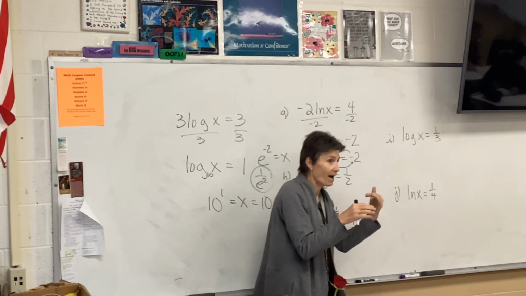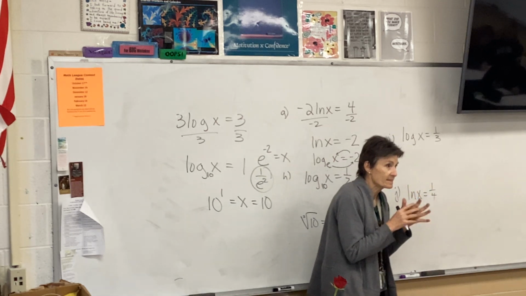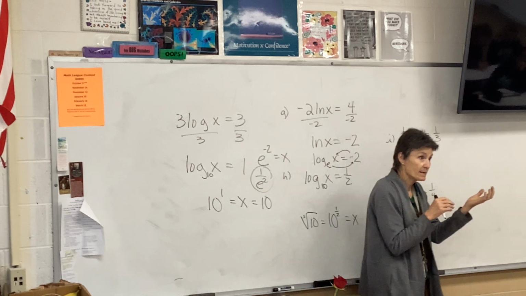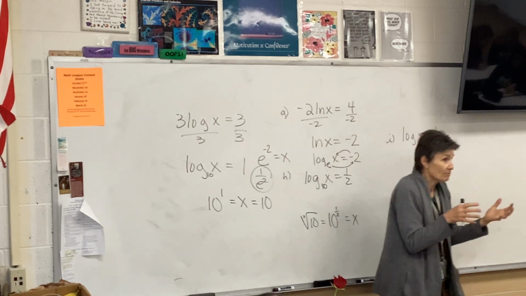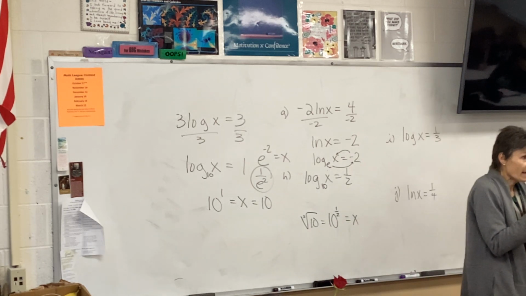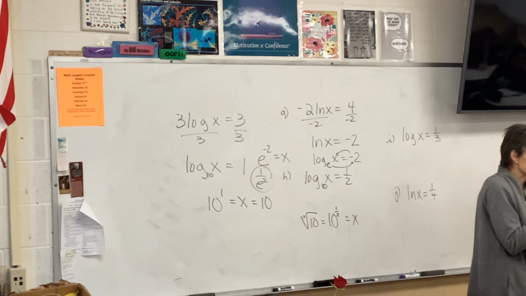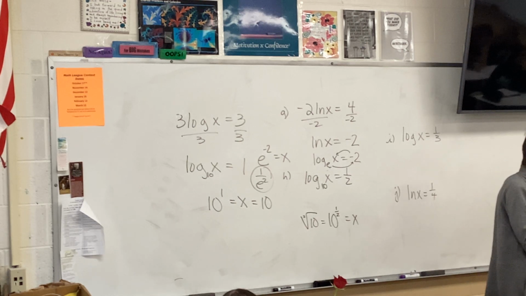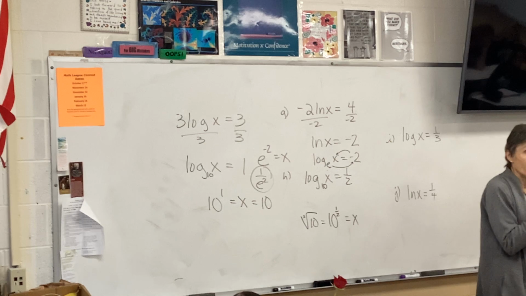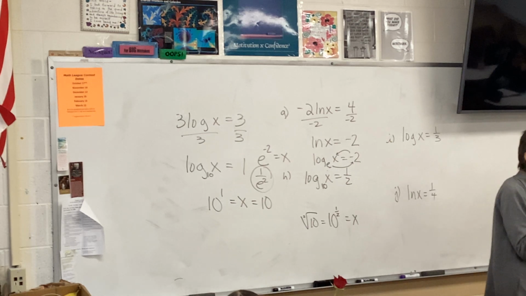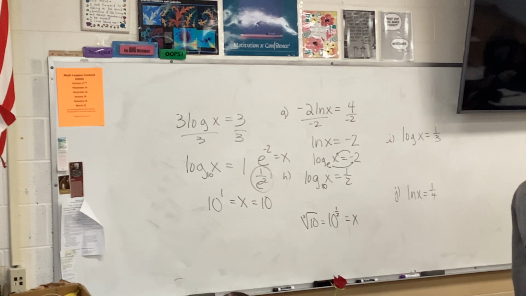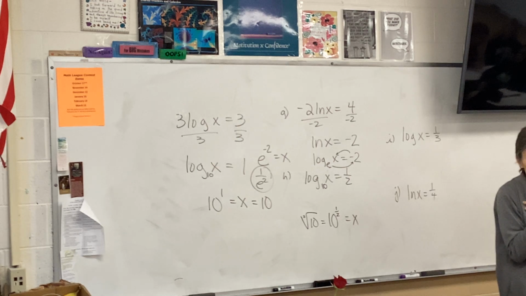It is not a whole number. It's not like the square root of 9 is 3, but you can take the square root of 10, right? That number exists, it's 3 point whatever. But we're not into rounding off, so we're just going to leave it as the square root of 10.